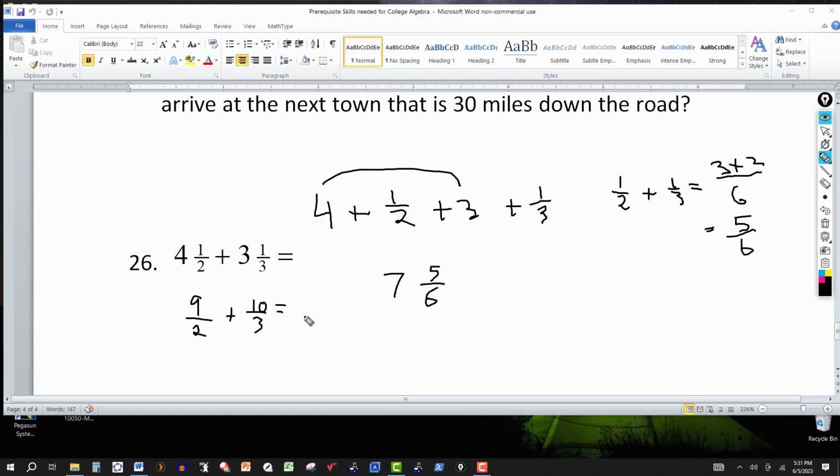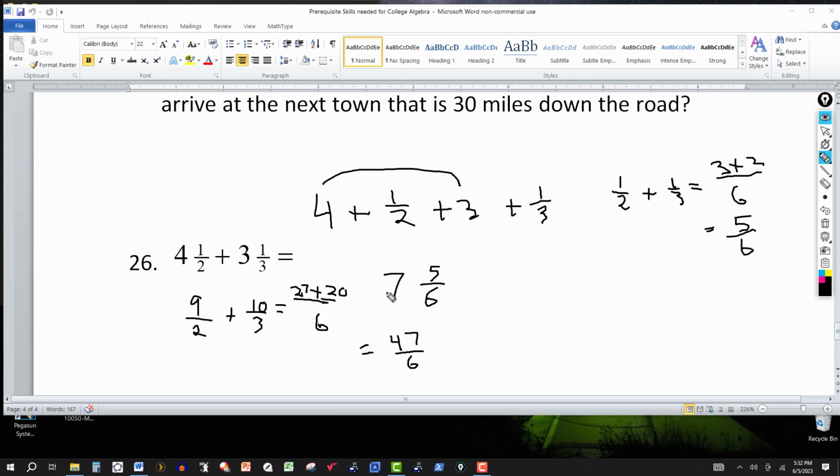Let's put a 6 over here, that's the common denominator. 2 goes into 6 three times, 3 times 9 is 27. 3 into 6 is 2, 2 times 10 is 20. So this is going to be 47/6. And that's really your answer there.